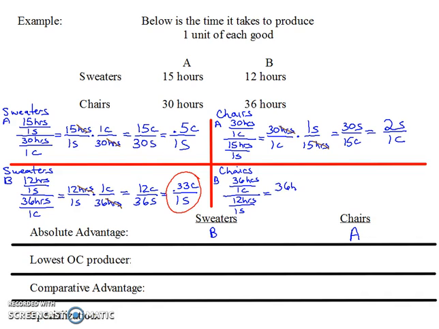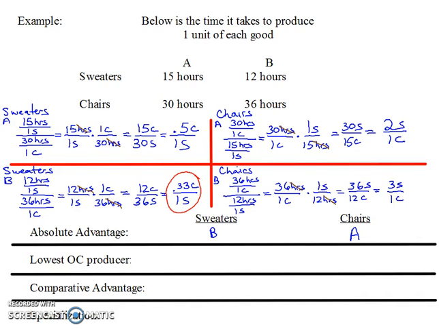I'm going to get 36 hours, all divided by one chair, times one sweater over 12 hours. Hours again are going to cross, so they disappear. That leaves me with 36 sweaters over 12 chairs, which is 3 sweaters over one chair.